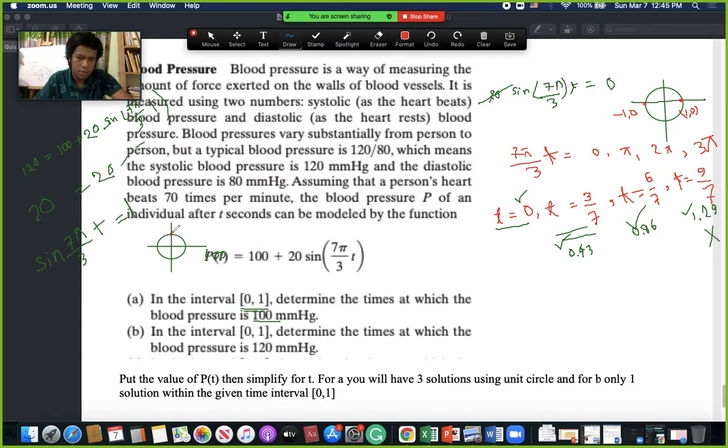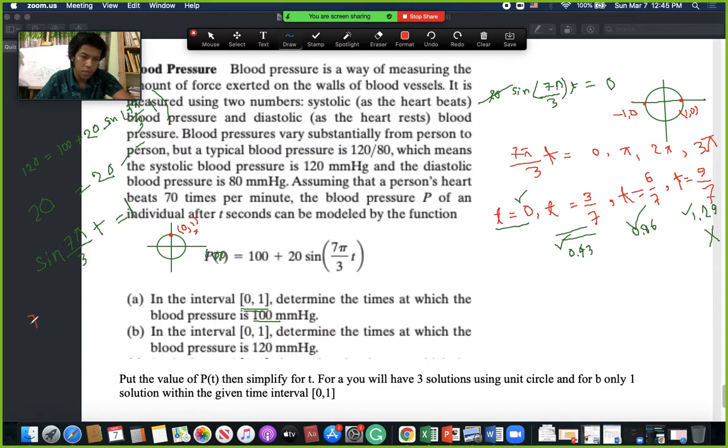This is the 1, this is 0 comma 1. So sine 1 is here, and there is no other place where you will have sine value 1. So what you have here is pi by 2. Instead of this one, we can write sine pi by 2.